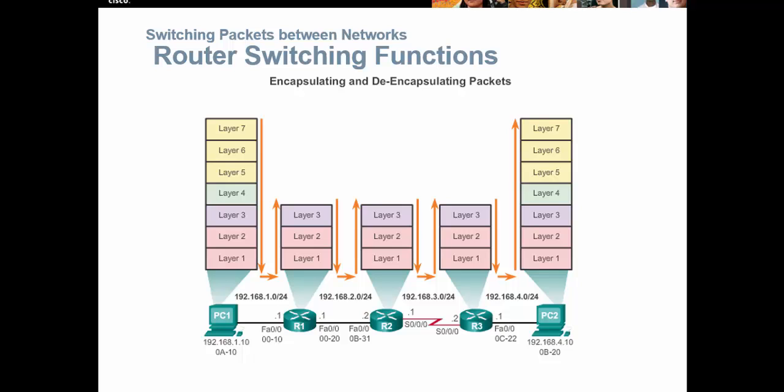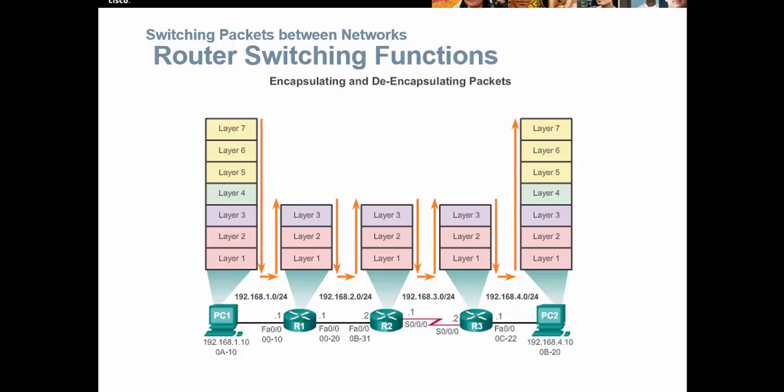It then examines the destination IP address of the IP packet to find the best path in the routing table. If the router finds a path to the destination, it encapsulates the layer 3 packet into a new layer 2 frame and forwards the frame out of the exit interface.